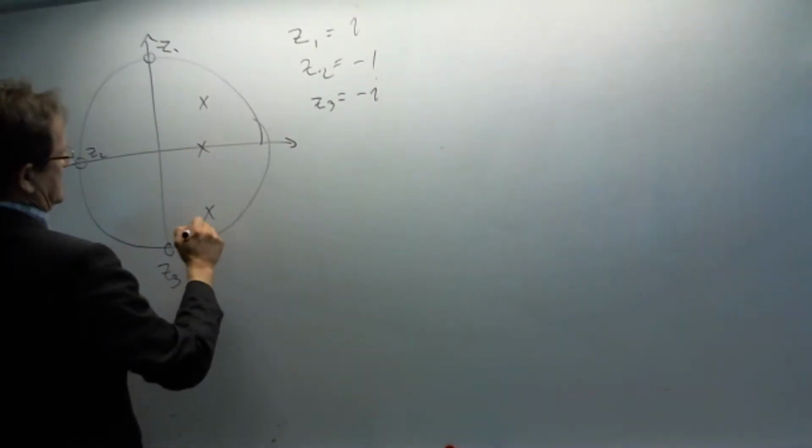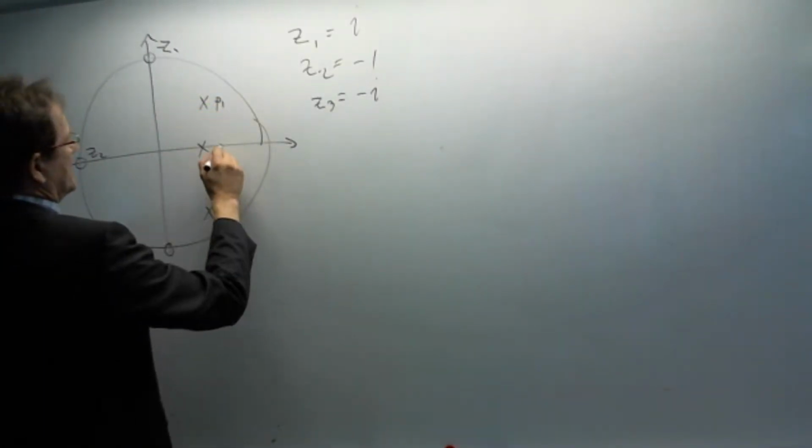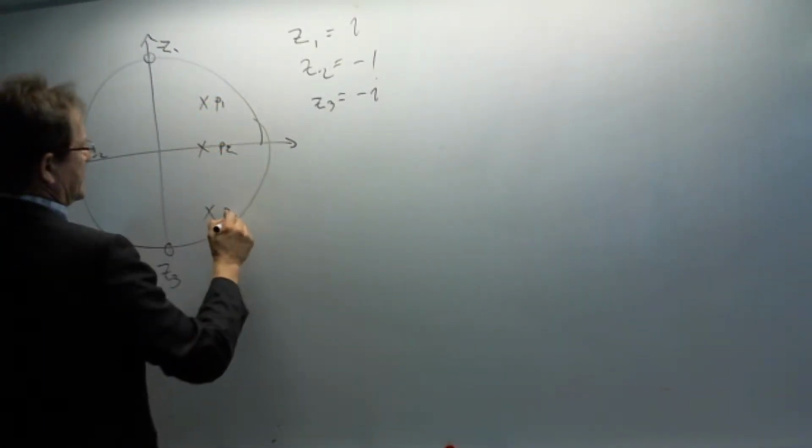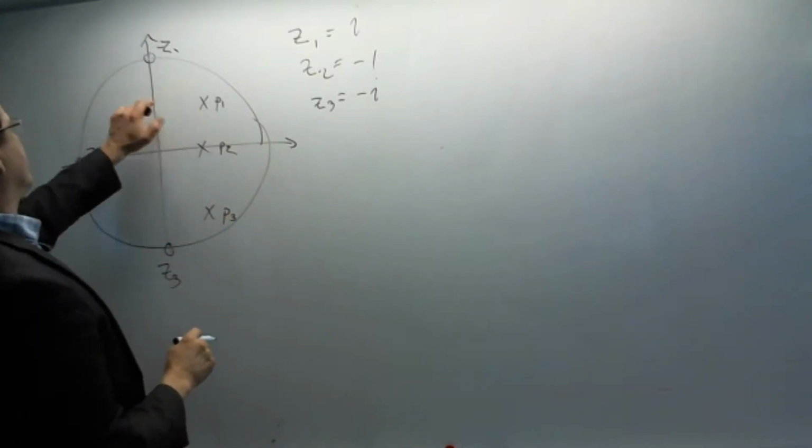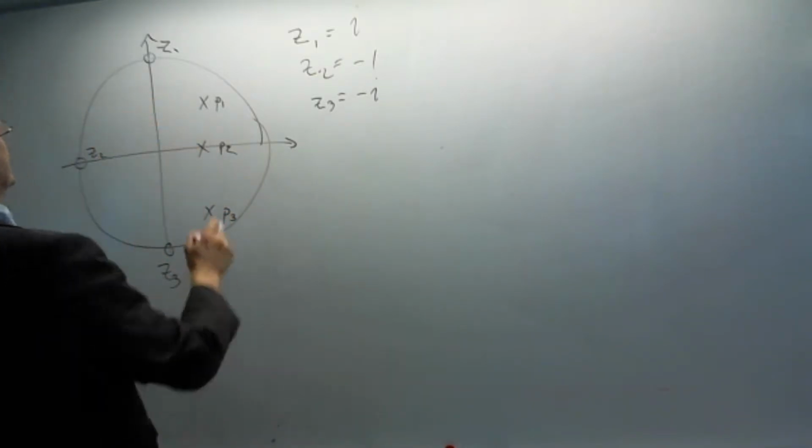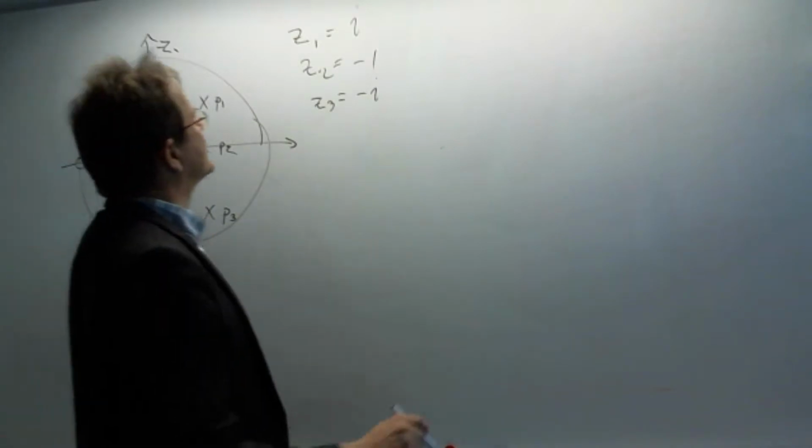Then we have 3 poles, pole 1, pole 2, pole 3. All right, that looks nice, it's about 50-50, right?